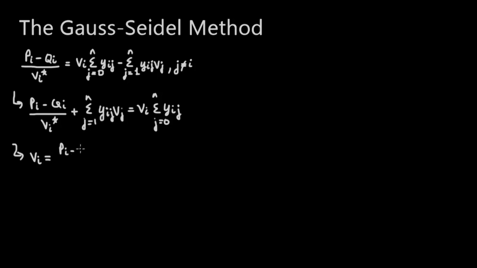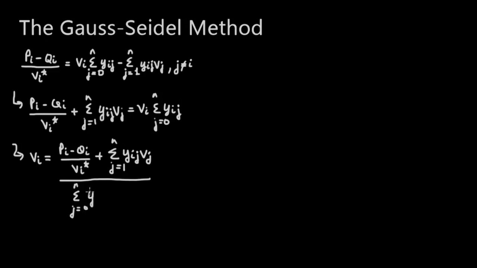Pi minus Qi over Vi conjugate plus the summation as j goes from 1 to n of lowercase yij Vj. And all of that over, again, I'm going to bring this right here to the other side of the equation by dividing all of this over that. So over the summation as j goes from 0 to n of yij.